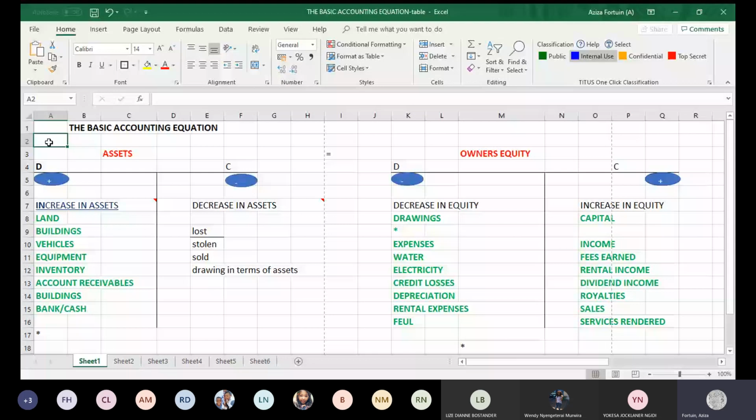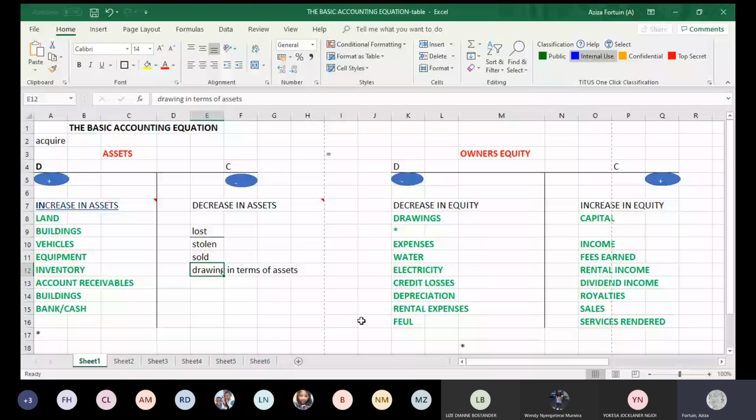So your assets will decrease, and that's the reason why I have the minus here, and the plus here, because here my assets will increase and here my assets will decrease. Everybody clear on this? We all know what assets are: land, buildings, vehicles, inventory, equipment, accounts receivable. Accounts receivable are debtors, somebody who owes you money.